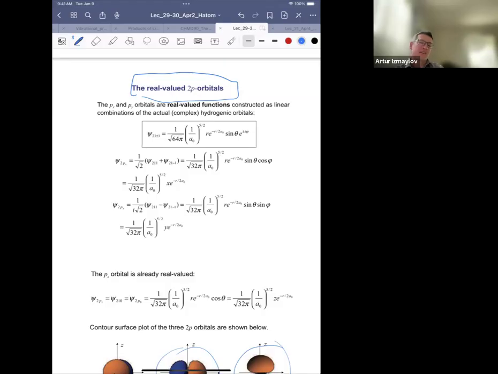So for the reasons that people want to have something real to plot, they decided to think about px and py instead of these solutions for angular momentum, which were p plus 1 and p minus 1. That's how the real valued 2p orbitals appear.